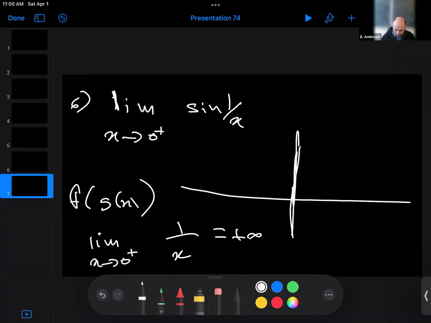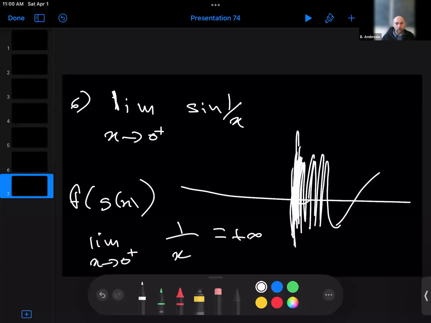This function is not defined at 0, but it will do something like that, oscillating again and again, infinitely, never reaching 0. So you have this kind of picture. You don't have a limit here when x equals 0.